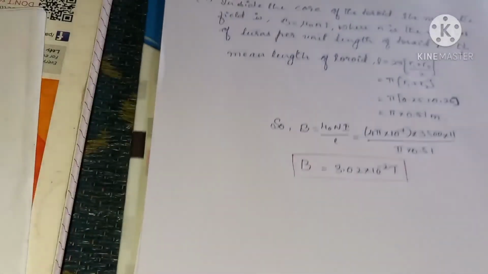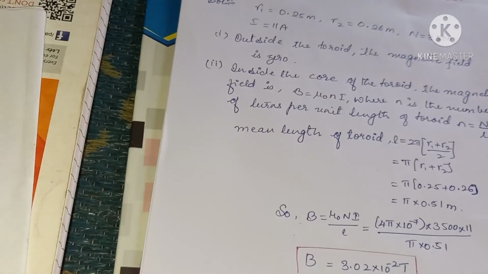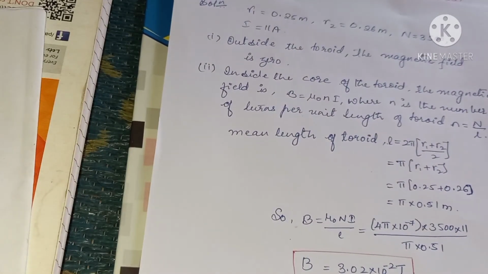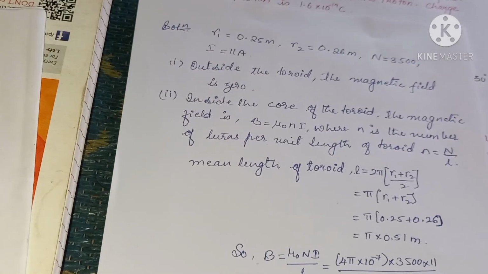So R1 is given in centimeter, convert into meter, 0.25 meter, and R2 is 0.26 meter, n equal to 3500 turns. The current given is 11 ampere. So the first case is outside the toroid, the magnetic field is 0.